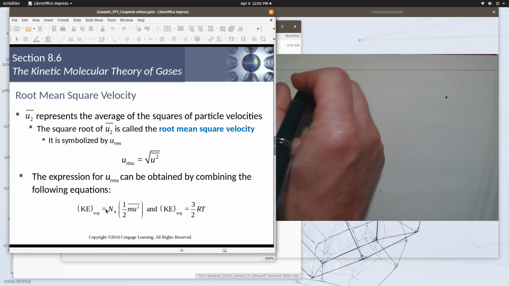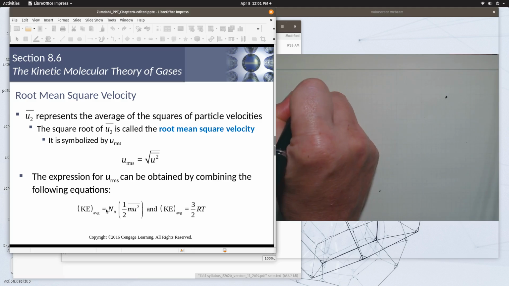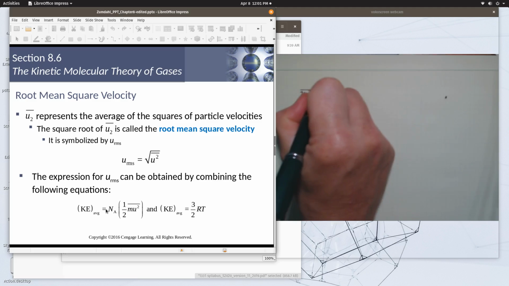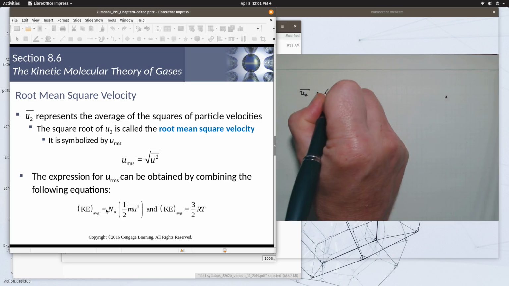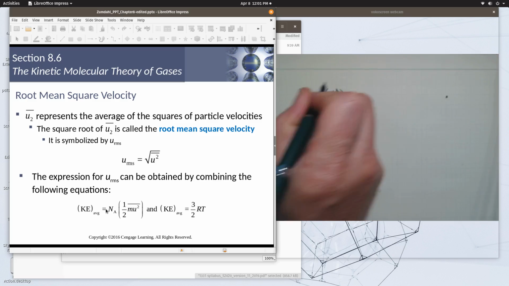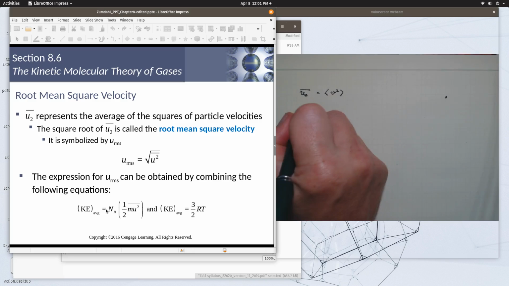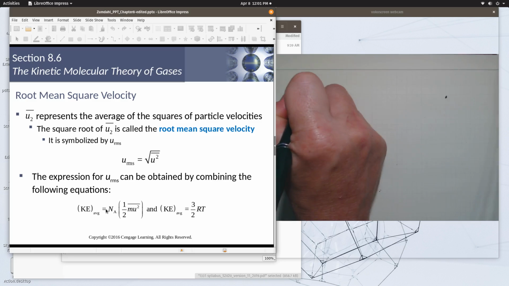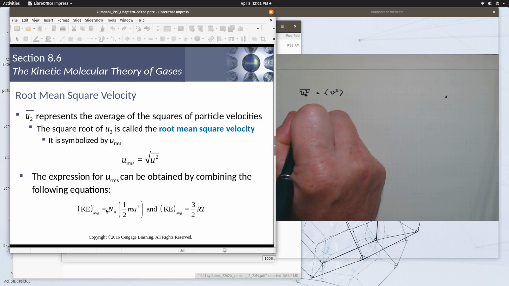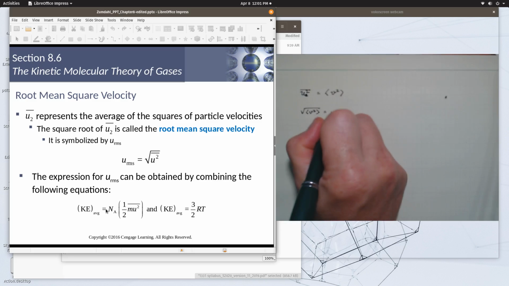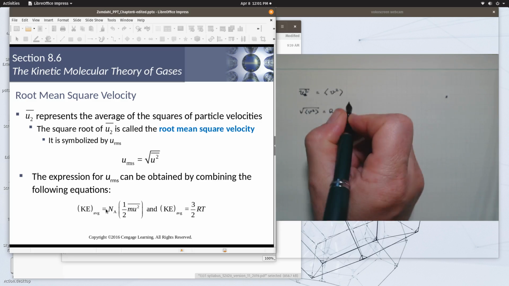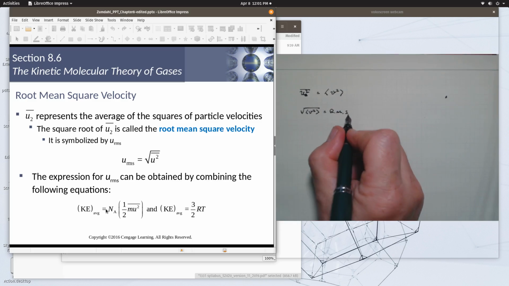His notation, u squared, which I was writing as velocity squared, is the average of the squares of the particle velocities. The square root of this, the square root of v squared, is the root mean squared velocity.